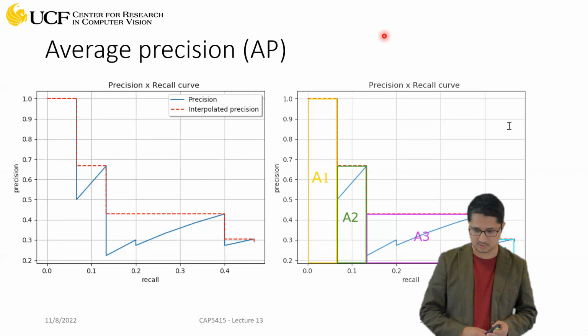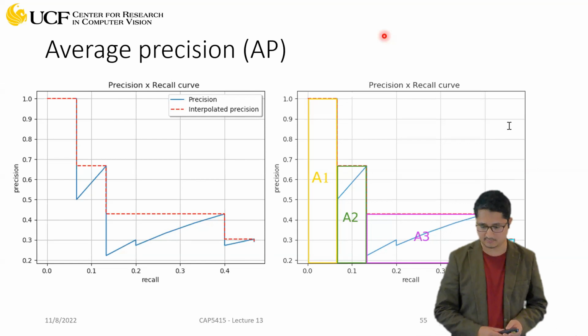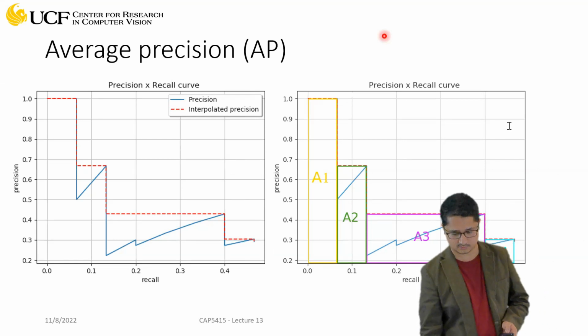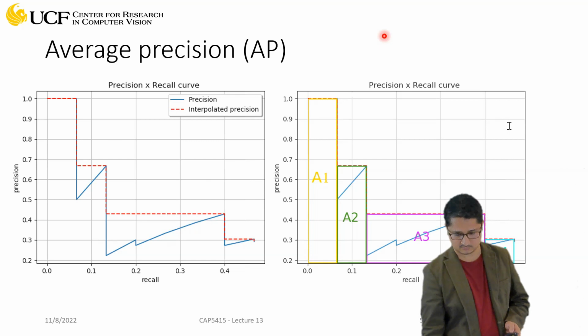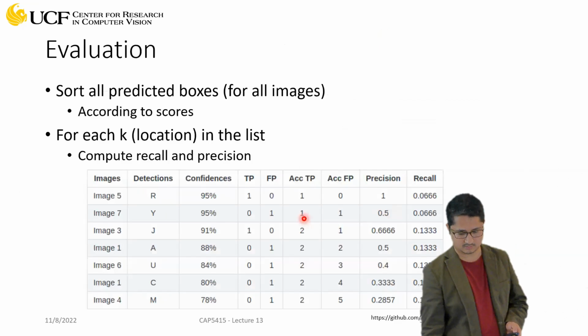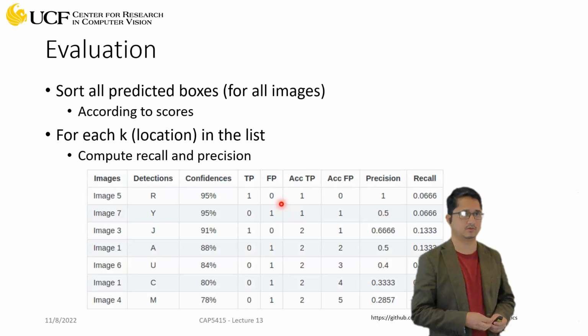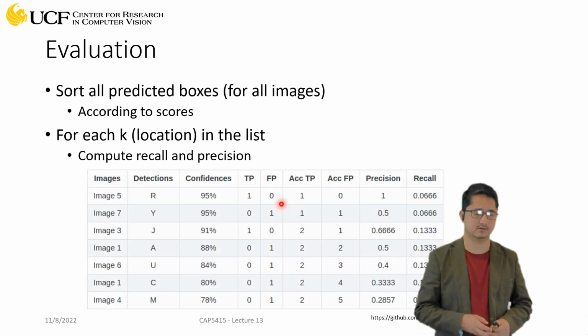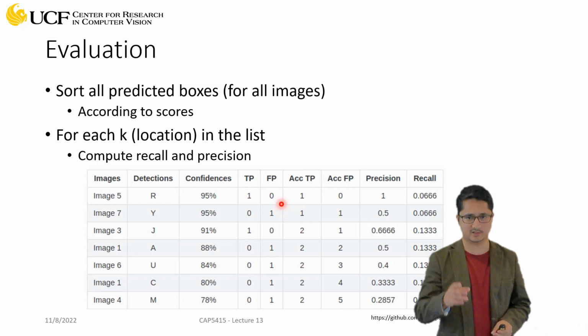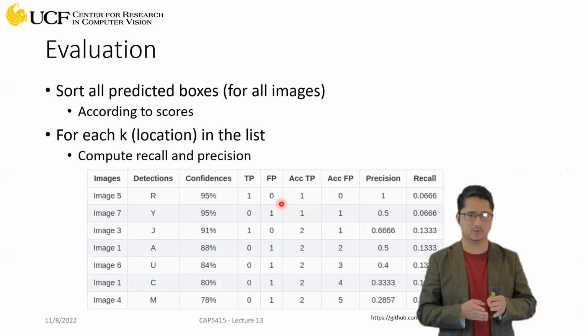Question: how is recall calculated without having the false negative count? You have false negatives, right? You have the ground truth. You know how many objects you already had. It's not being shown here, but you already know that.